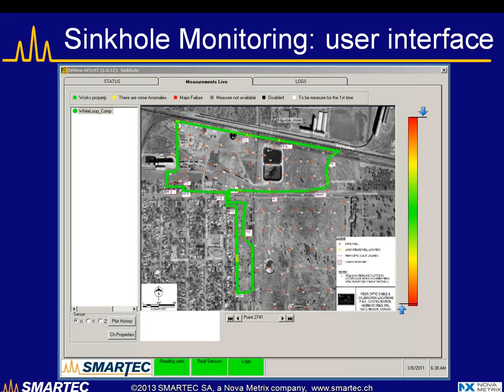Now everything is green, so it means that there is no strain detected, but in case of a new sinkhole, points would turn yellow and red, and alerts would be fired off by email so that it's immediately obvious where the sinkhole is forming, and an emergency team can be dispatched to the area.